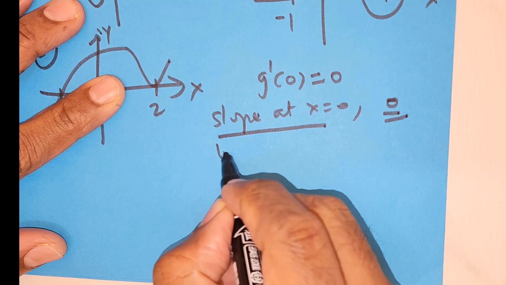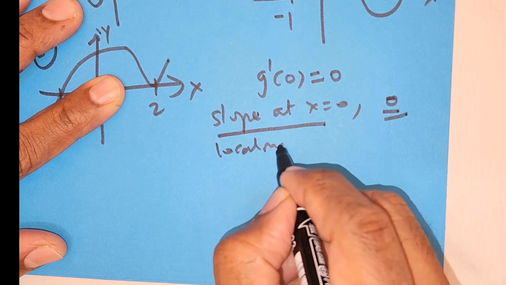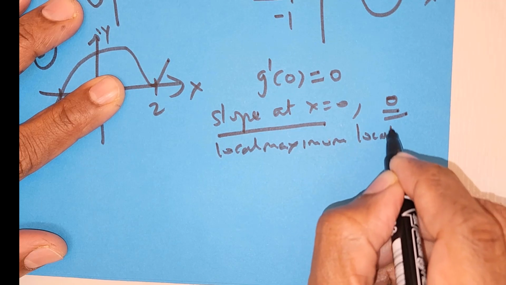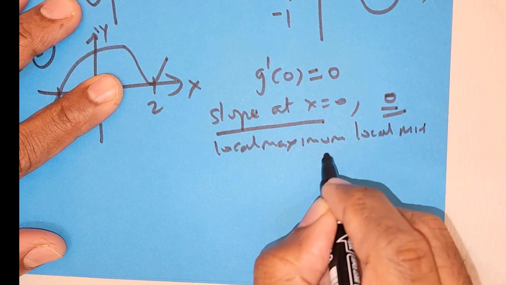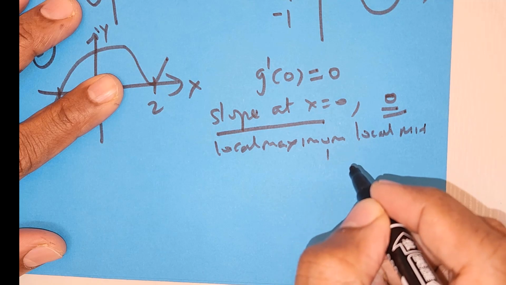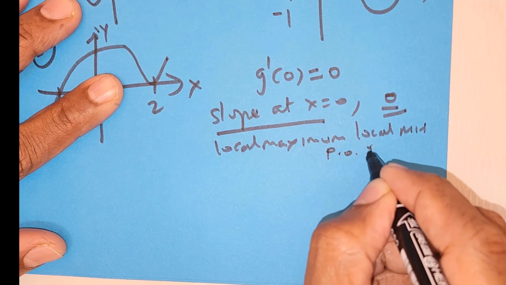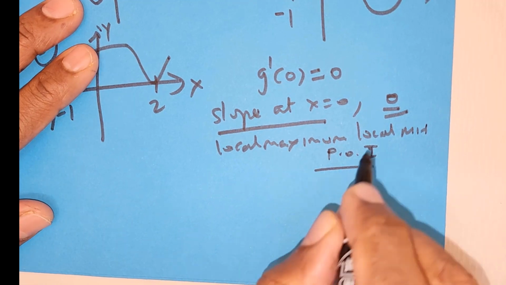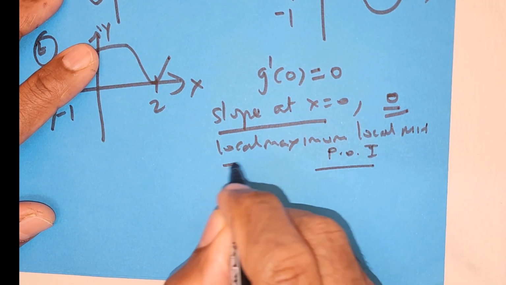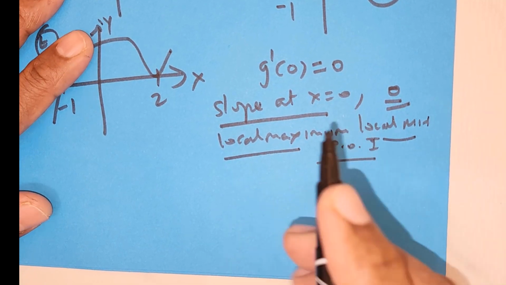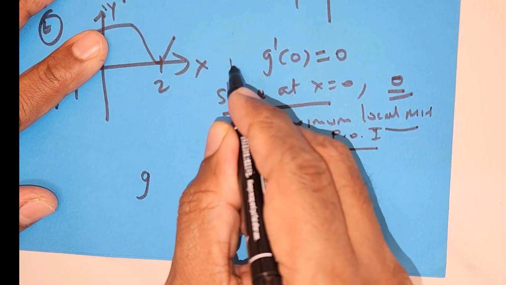That means there is either a local maximum or a local minimum or a point of inflection. Now we cannot outrightly decide whether it is a local maximum or local minimum. So that is for condition 1.